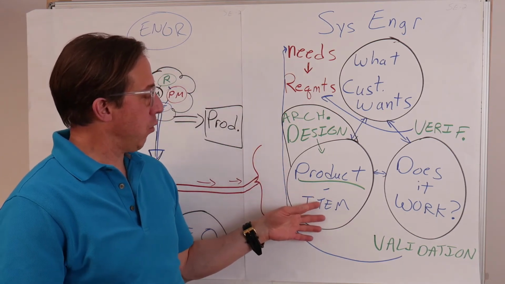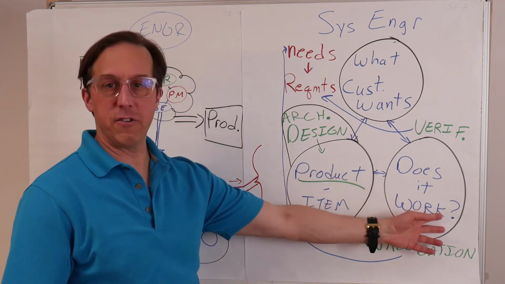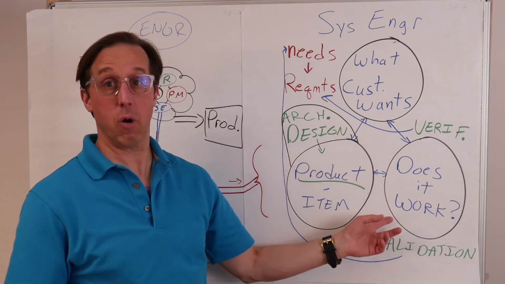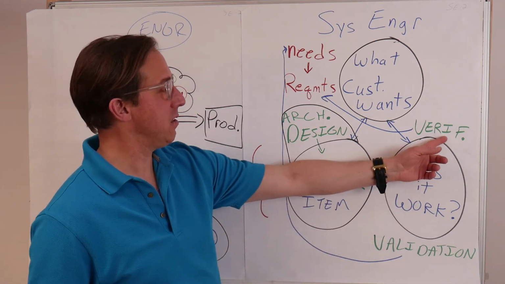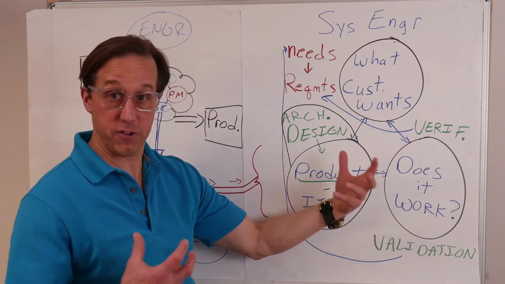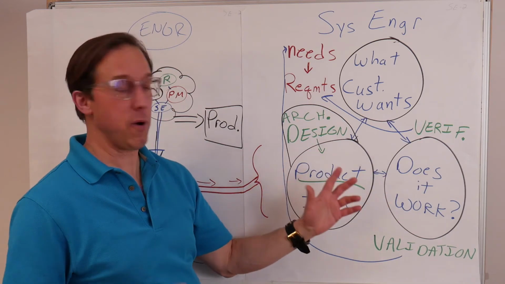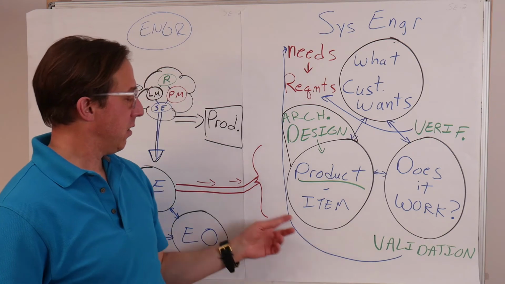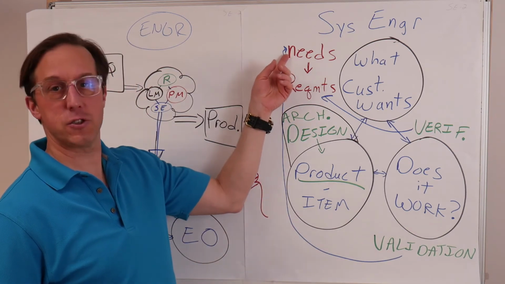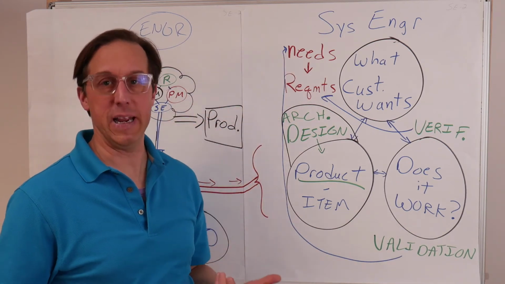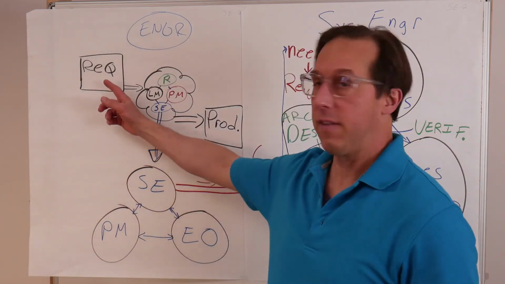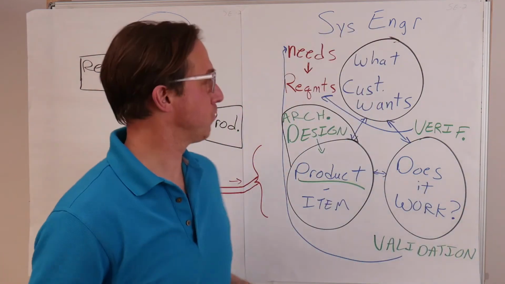Now, once we have the product, we have to engage in testing and verification, some validation, to make sure it does actually work. For verification, we're making sure that our system, software or hardware or both, meets the requirements. And then validation, you can see, hooks back around and makes sure that we've answered the ultimate need, the high-level need, which speaks to the pain point that drove the customer to us in the first place.